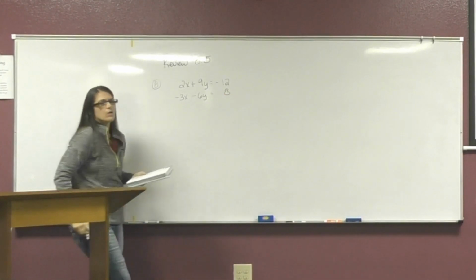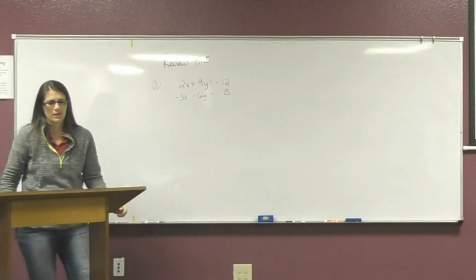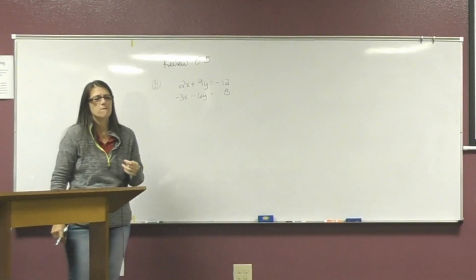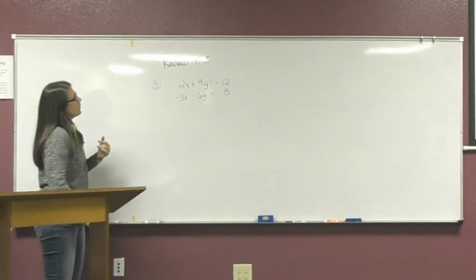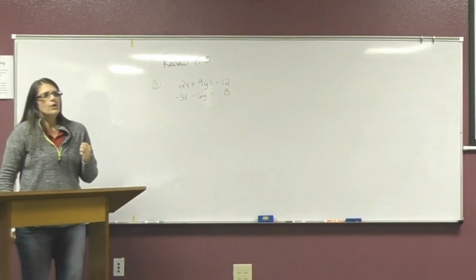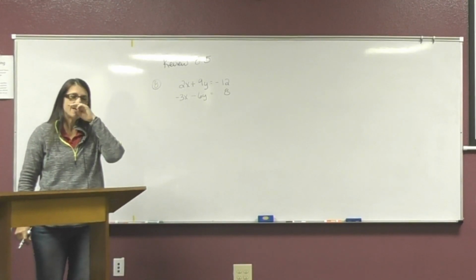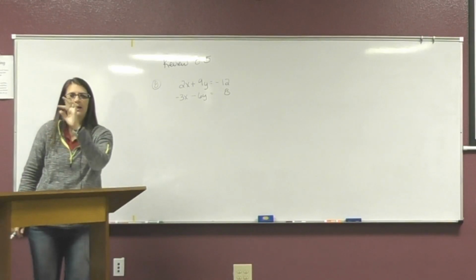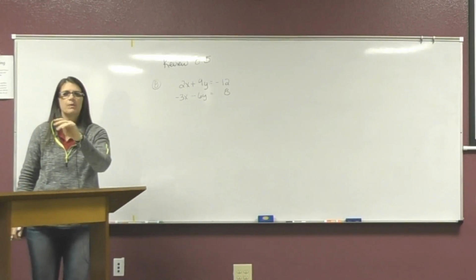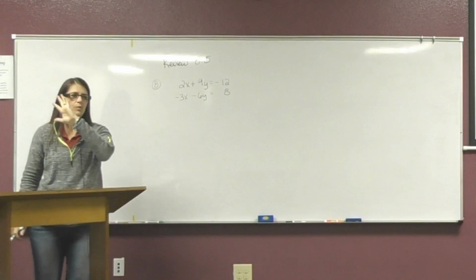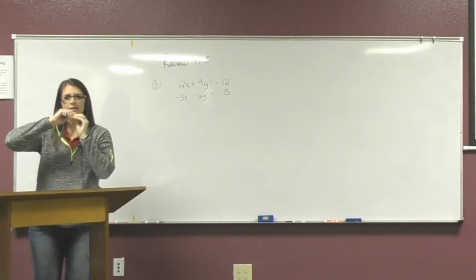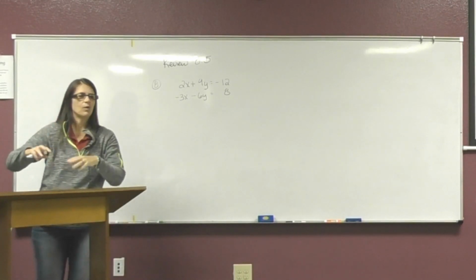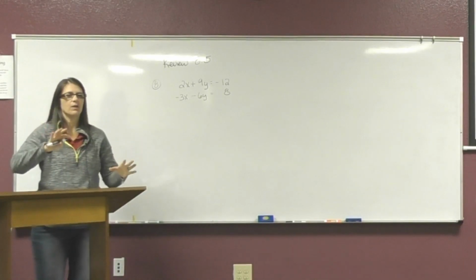Okay, so the addition method or the elimination method is when we are trying to get either x or y to disappear, so that when we combine them, they combine to 0, that one of them gets eliminated, however you want to look at it.